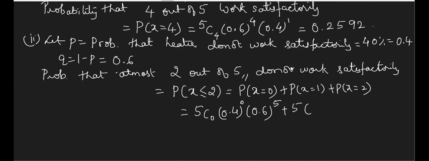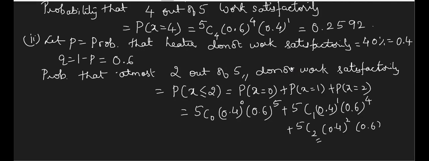If X is 1, what will we get? 5C1, P is 0.4 raised to 1, Q is 0.6 raised to 5 minus 1, which is 4. Probability of X equal to 2: 5C2, 0.4 raised to 2, 0.6 raised to 5 minus 2, 3. If you want, tell me the term values point-wise.